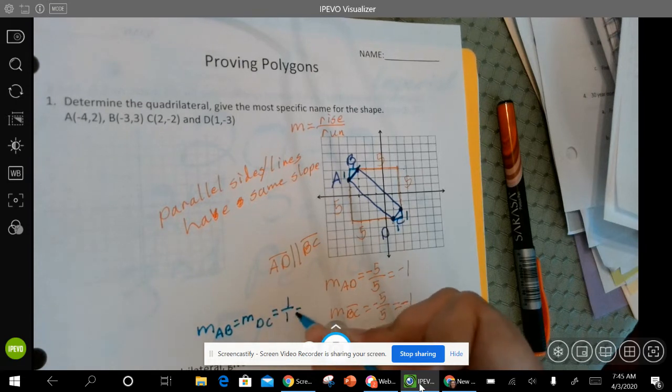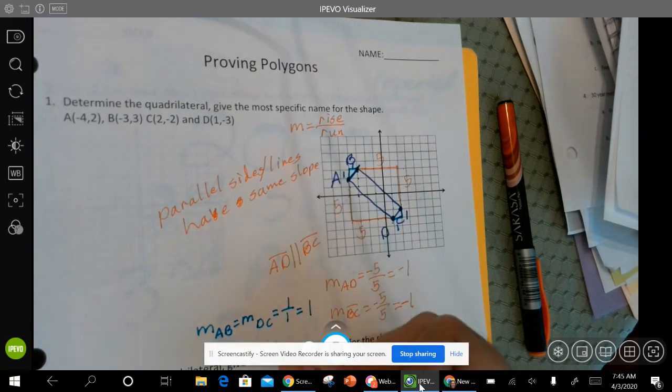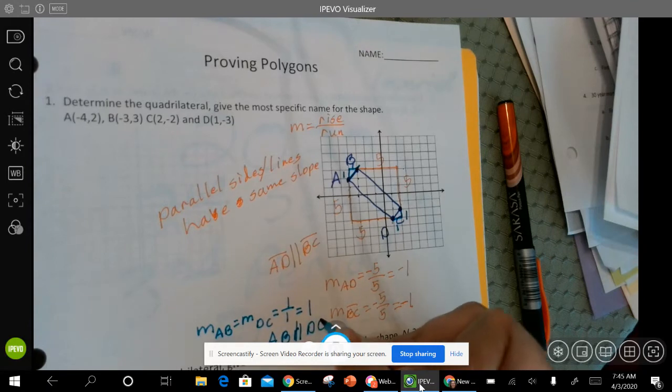So 1 over 1. Okay, so that means that AB is parallel to DC. Okay, so those are parallel.